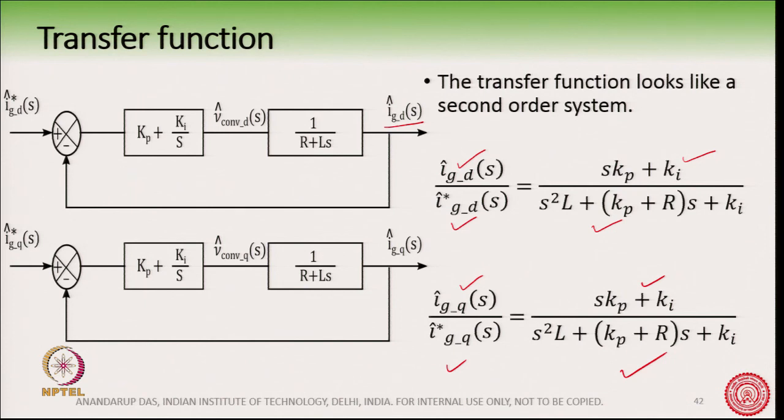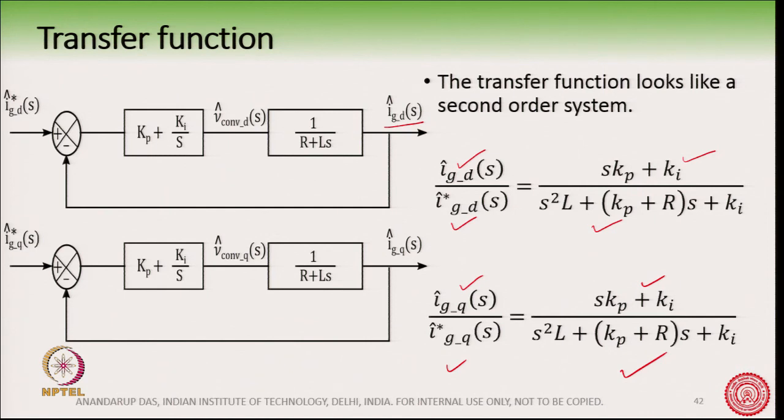This is a nice second order system by which we can control the grid currents IGD star and IGQ star. Of course, IGD star is basically controlling P star, and IGQ star is controlling the reactive power. One is controlling active power, one is controlling reactive power, and they are independently controlled.